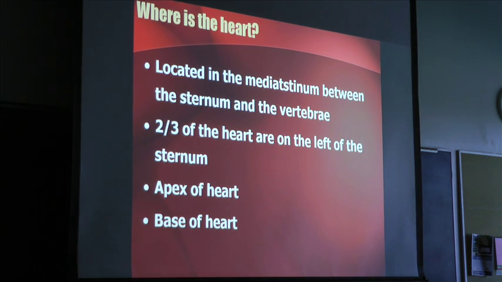So right down, it's at the 5th intercostal space and the mid-clavicular line. Yes, the apex of the heart is actually the bottom of the heart. It's located at the 5th intercostal space and the mid-clavicular line.